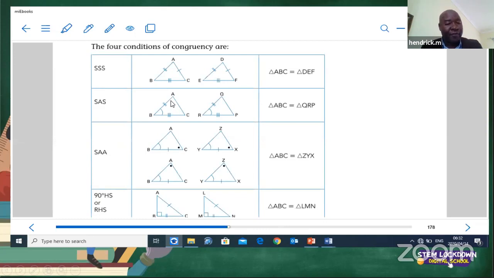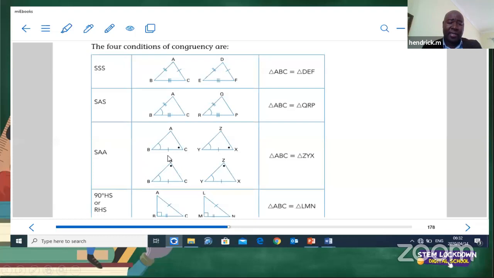You also have the side AB equal to the side QR. And of course, the last side BC is equal to RP. So therefore, triangle ABC is congruent to triangle QRP. The reason being, you've got two sides there. So how do you write it? You write side, and then angle, and a side.